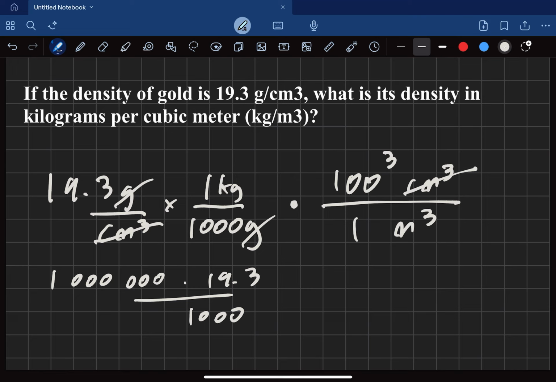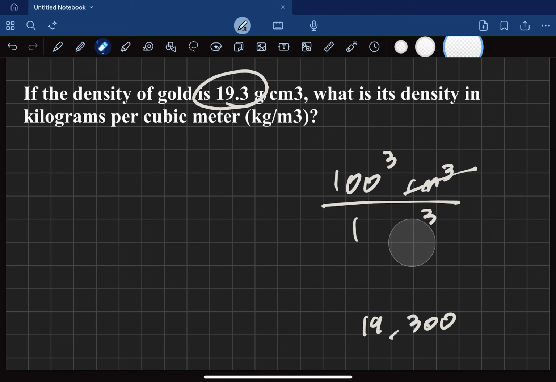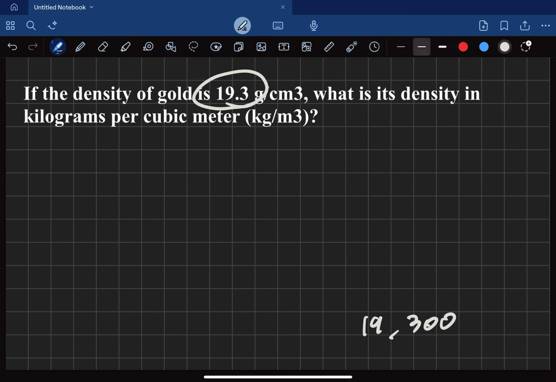So 19.3 million divided by 1,000 should be 19.3 thousand, or 19,300. So given that originally we were told our number to 3 significant figures, a good thing to do at this point would be report your answer as such. So we can see that it already is that. We could also write it as 1.93 times 10 to the fourth. Both of those ways would be just fine.